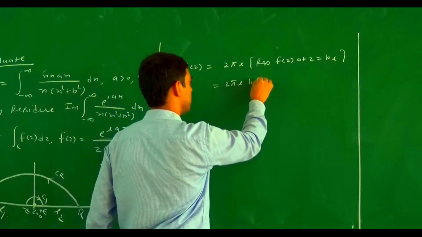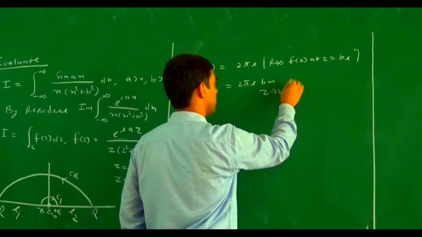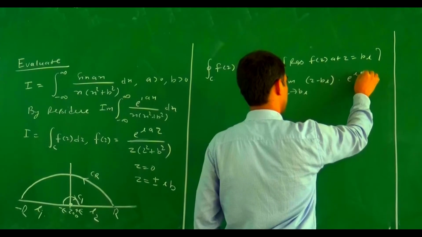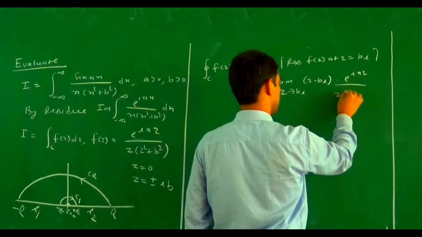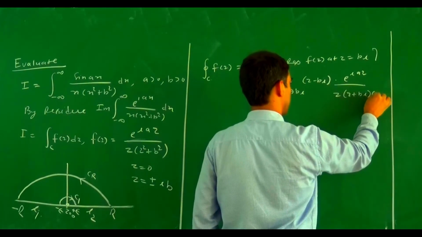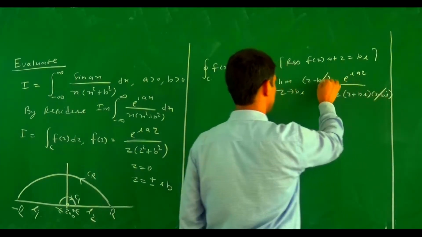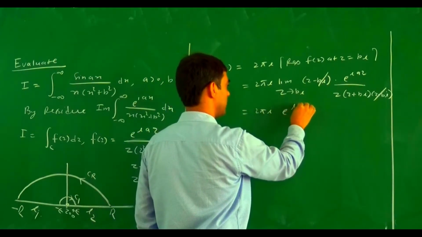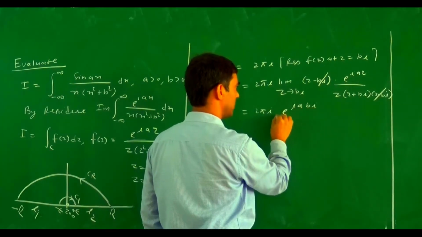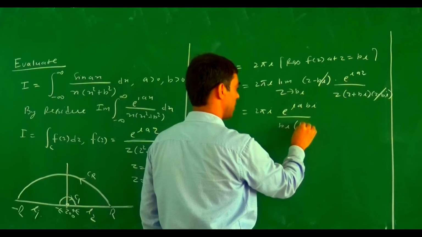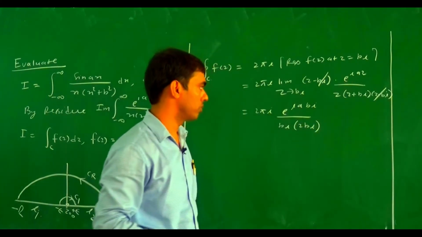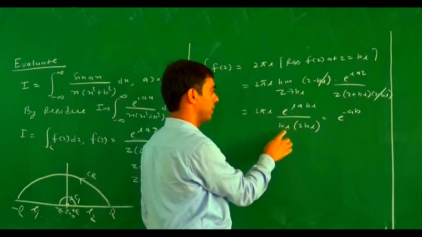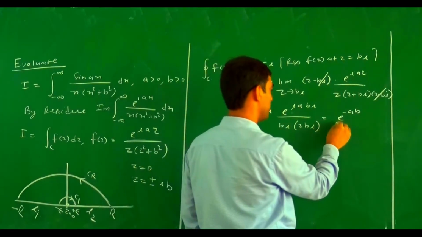So limit z tends to bi, z minus bi into e to power I a z divided by z into z plus bi and z minus bi. So this one cancels out. If we put the value, 2 pi I, and this becomes e to power I a z at bi divided by bi, and this becomes 2 bi. So what is the value of this one? This becomes e to power minus ab, I square becomes minus 1, and 2bi, this becomes what?